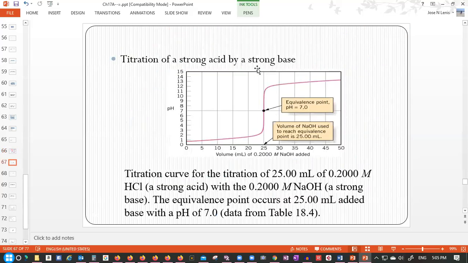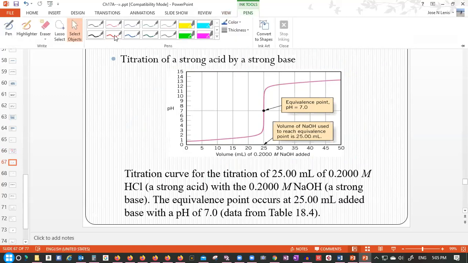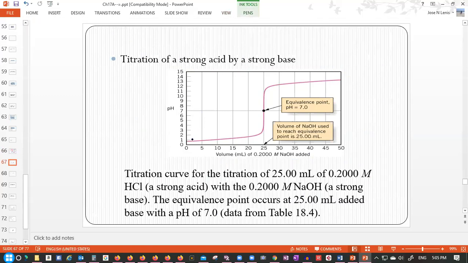So we can graph pH against volume, and you will get something like this. Here is the initial pH, since we have a strong acid, HCl, 0.2 molar.